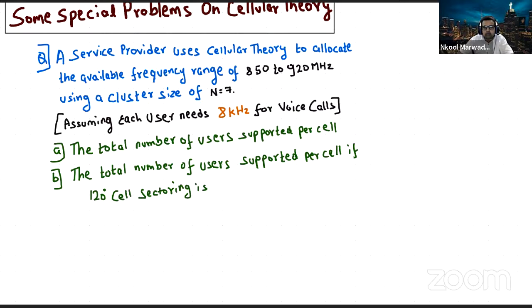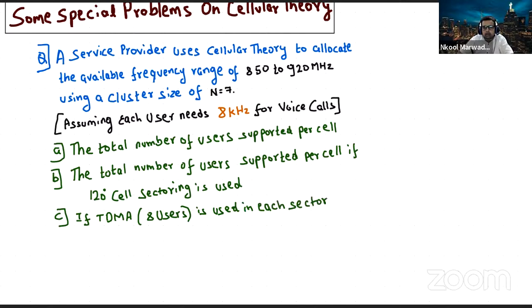And the last part. If TDMA, eight users, is used in each sector of a cell, in every sector of a cell, TDMA, like time division multiple access.